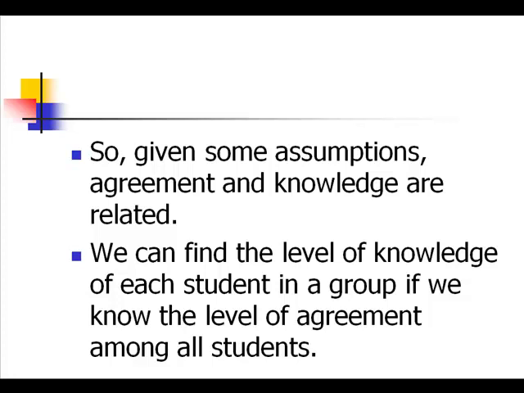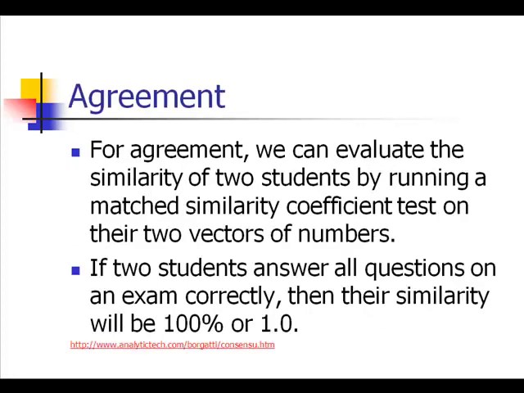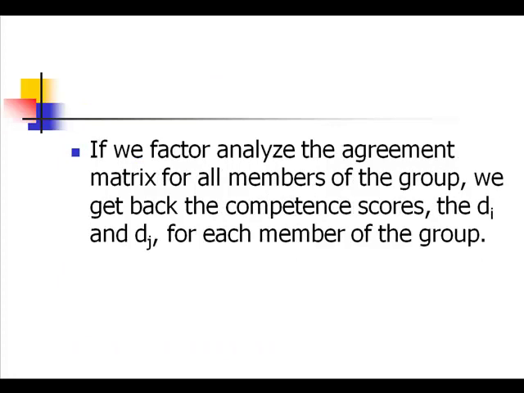And you find that by doing what? Running a matched coefficient similarity test on two vectors, and factoring the agreement matrix. If we factor the agreement matrix for all the members of the group, what we get back is the competence scores, the IDJ for each member of the group.